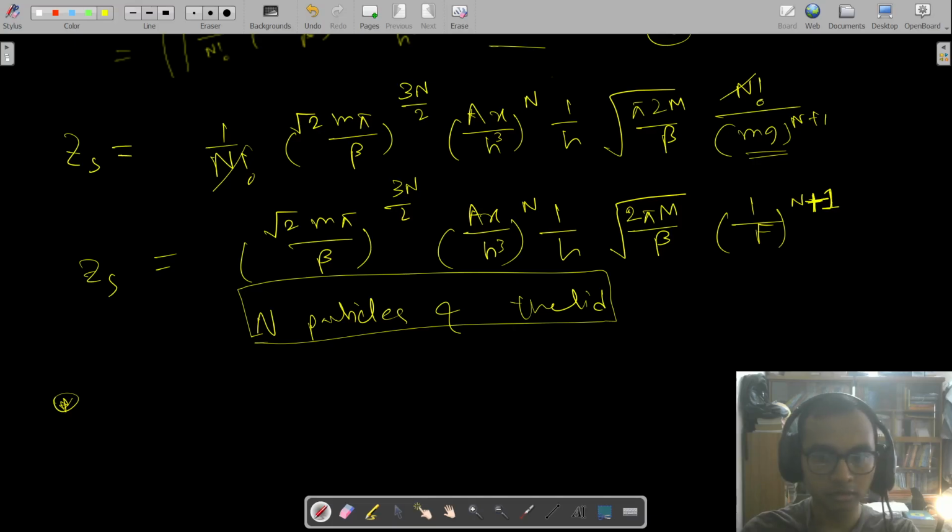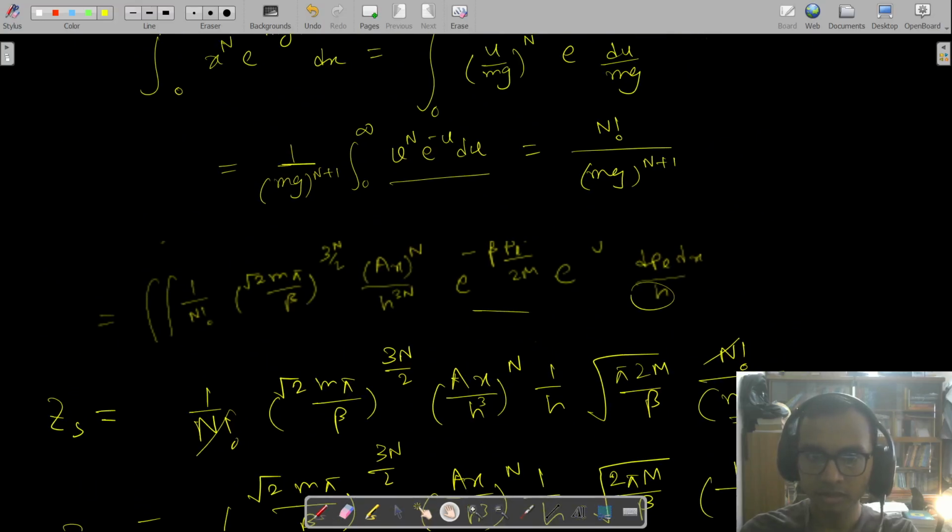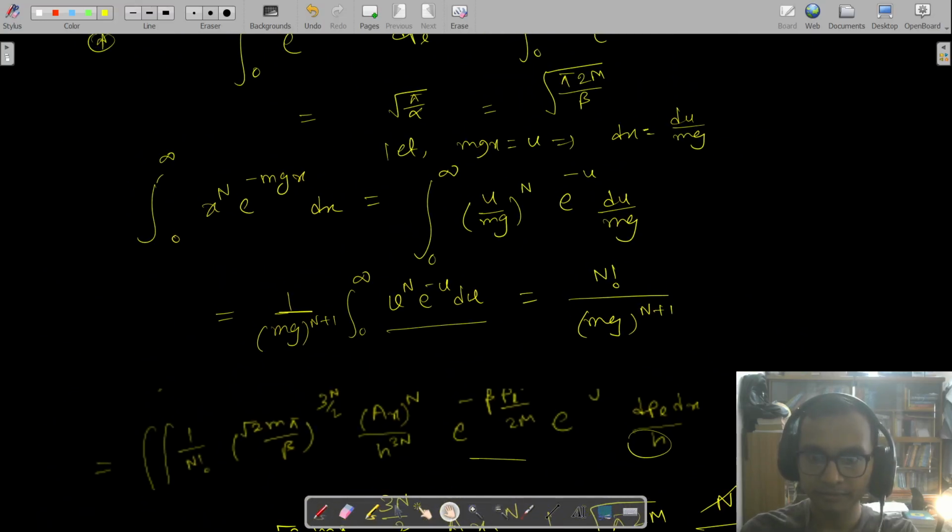Before moving on to the next question, notice one thing. So yeah, there should be a beta up here. So the change in variable should be beta mgx squared.